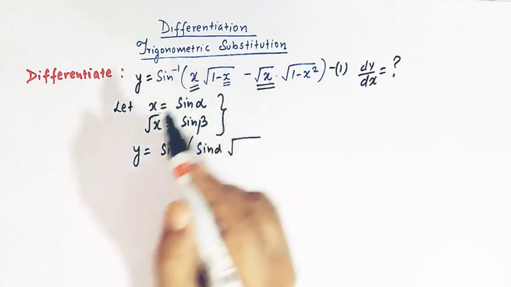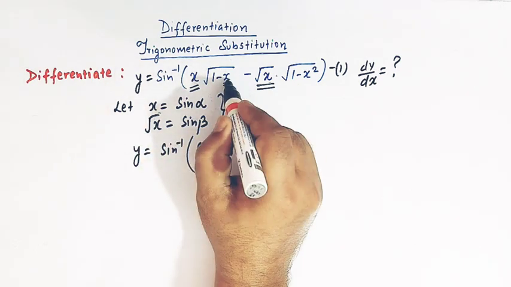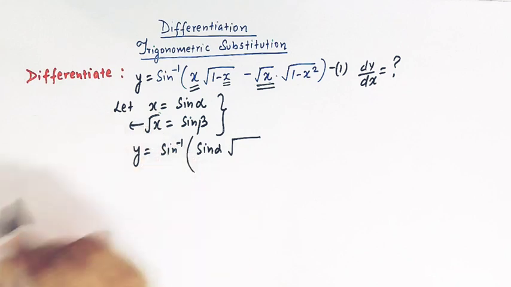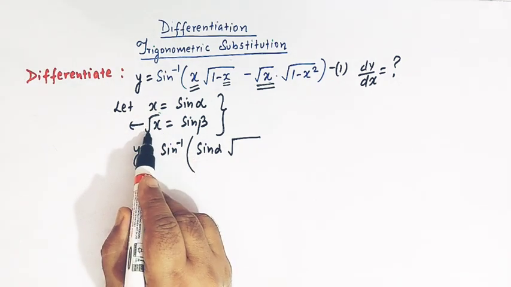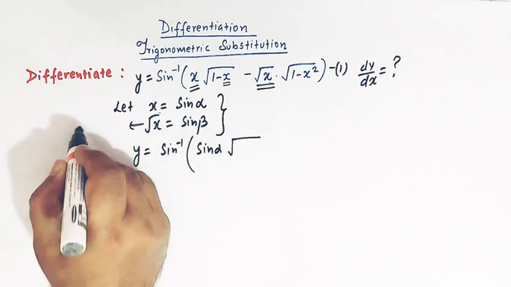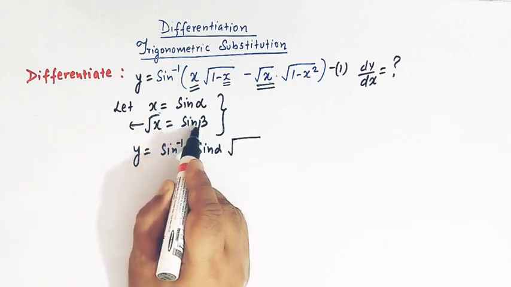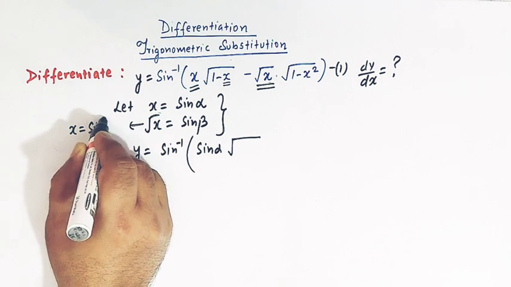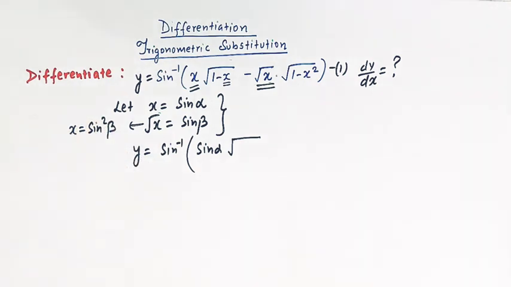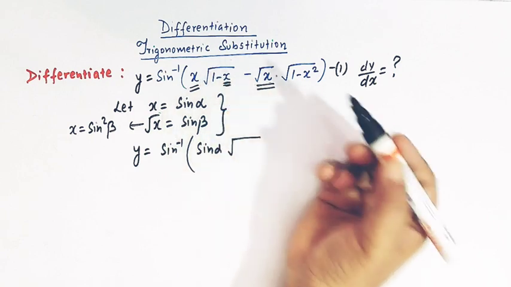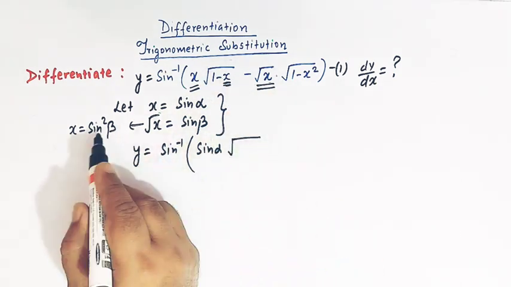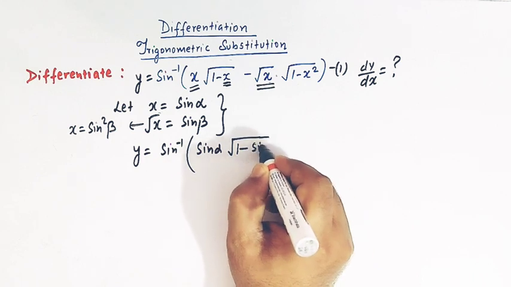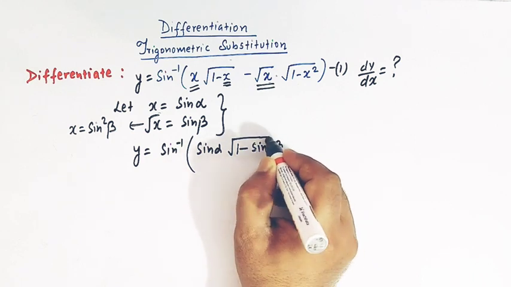So for this, what we will do, we'll make the value of x from this expression, right? So here we have square root of x as sine beta. So if we take the square of both sides, we'll get x is equal to sine square beta, right? So for this x, we'll take sine square beta, right? So we have 1 minus sine square of beta, right?